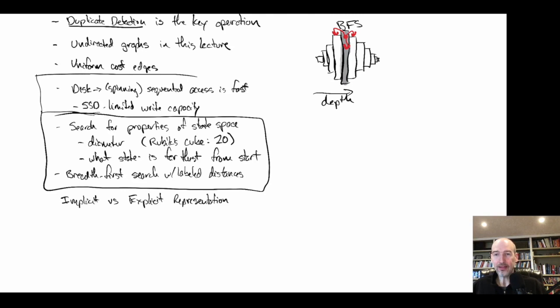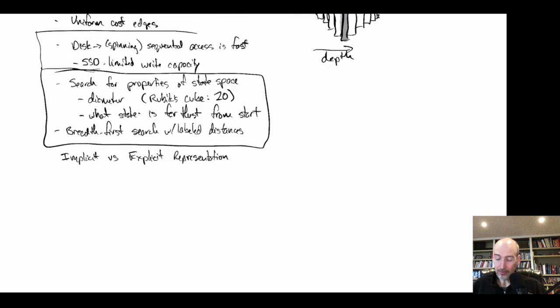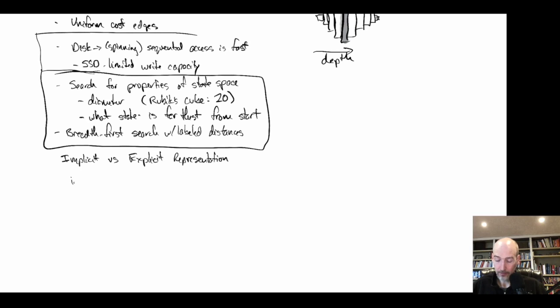And so the idea here is if I'm going to be searching the entire state space, I could be using an implicit representation. And what an implicit representation means is that its location in memory identifies the state.